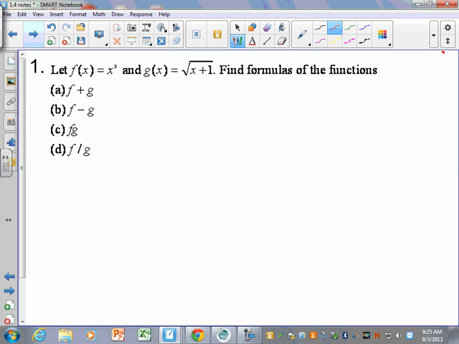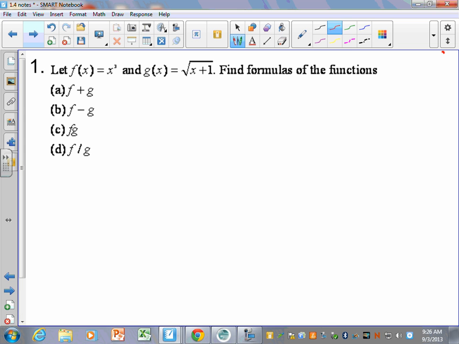So let's just practice. We're just going to do all of them. The fun part of your homework is that they're going to ask you to do all this in one problem, right? So it's like four problems in one. And notice they're not as simple functions. Last year when you did this in Algebra 2, a lot of times they were both polynomial functions.